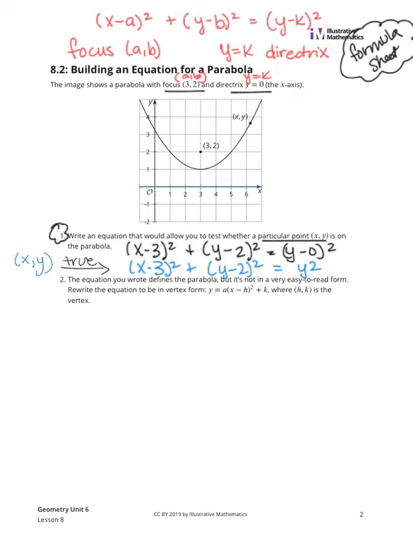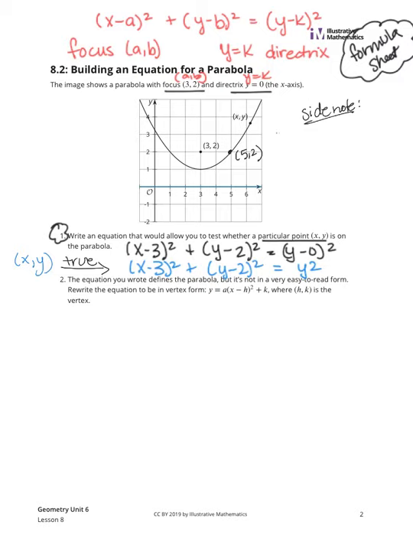When I plug it in, it has to make the equation true. So for example, I don't know if this point (5, 2) is on my parabola, but a very important side note to understand is if (5, 2) is on my parabola, it will make the equation true.